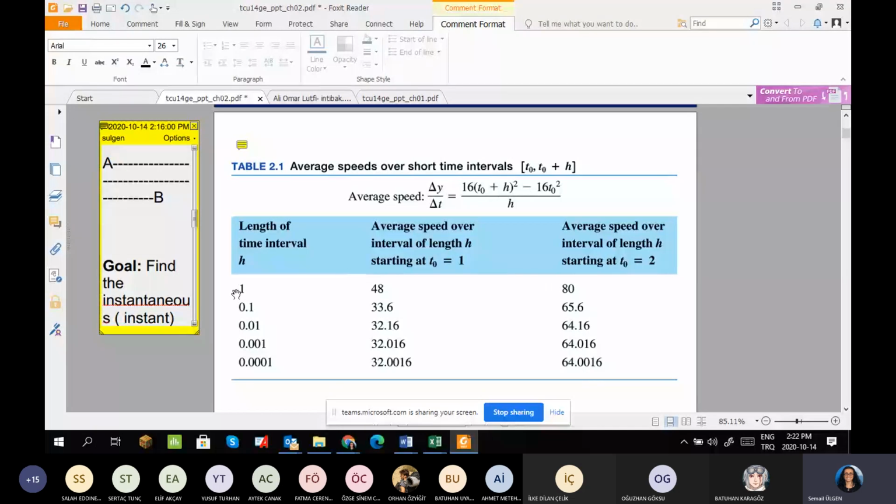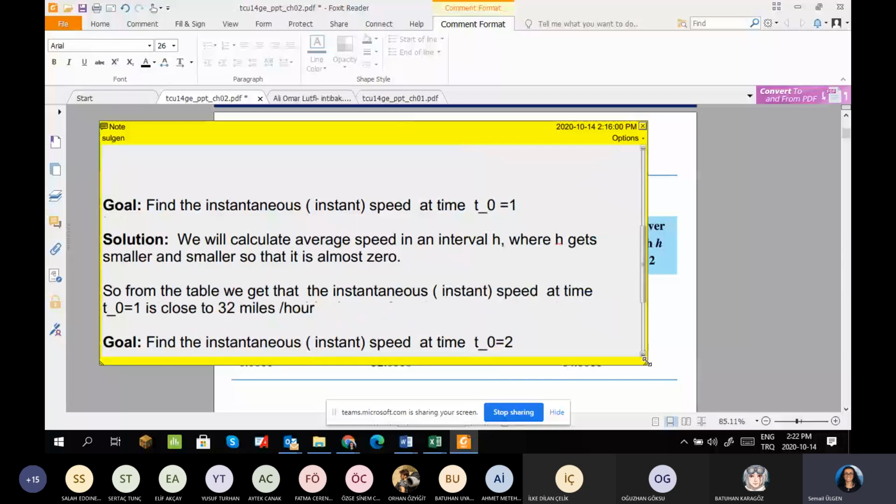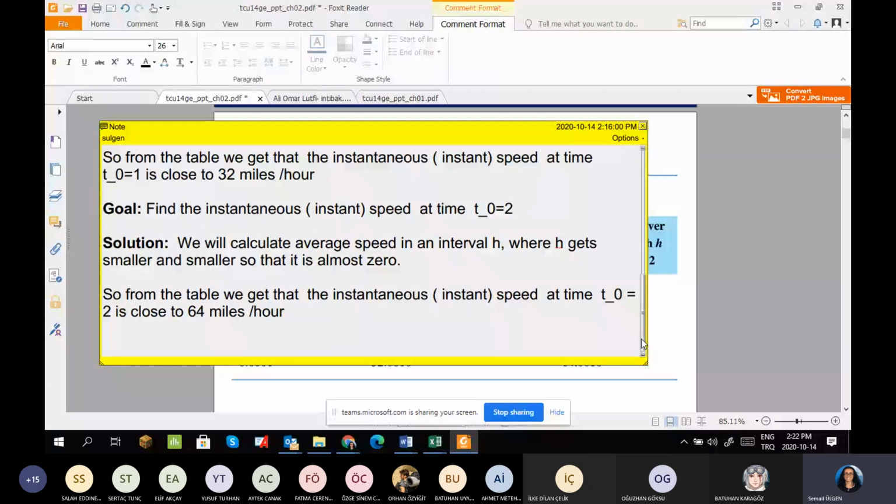As h gets smaller and smaller, the values of the average speed drop down to 64.0016. So at time 2, we can say it's close to 64 miles per hour, if it is in terms of miles.